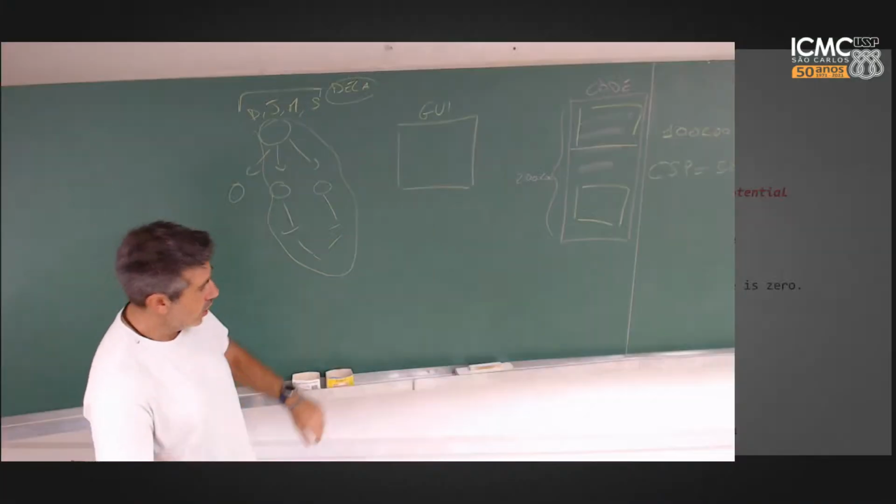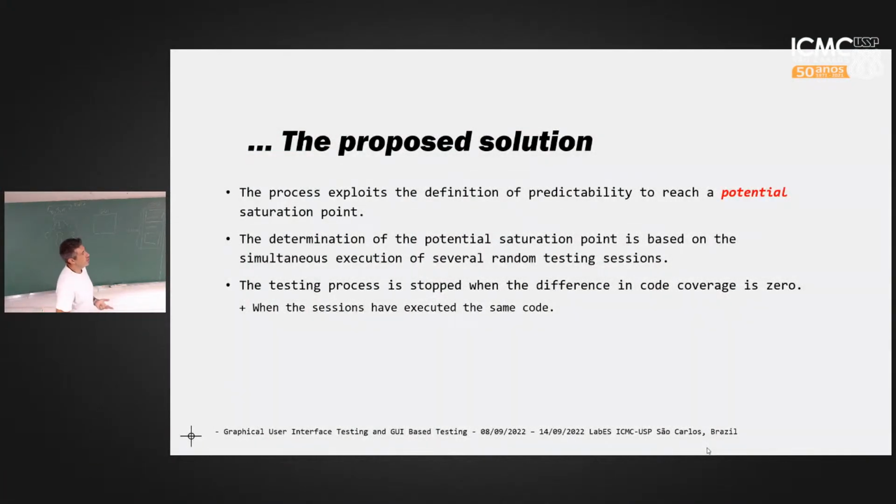So the determination of the potential saturation point is based on the simultaneous execution of several random testing sessions. I run in parallel different random testing sessions that are controlled, that are supervised, and the overall process is stopped when all the random processes reach the same saturation.